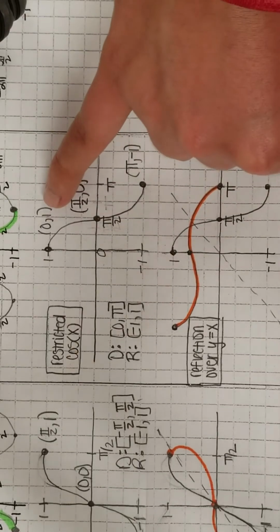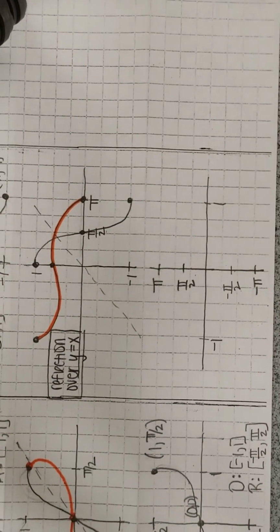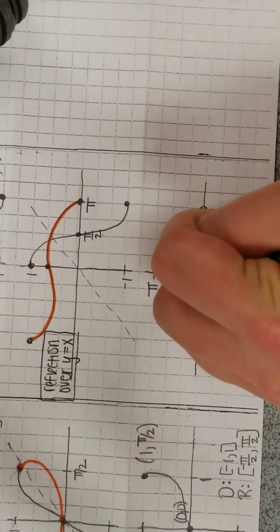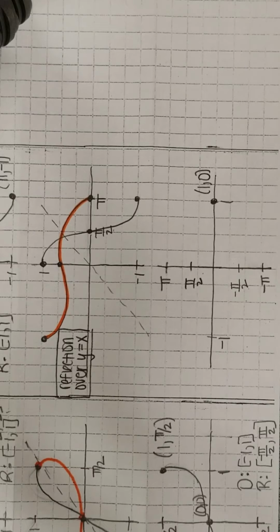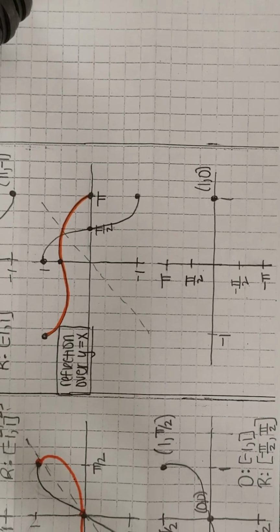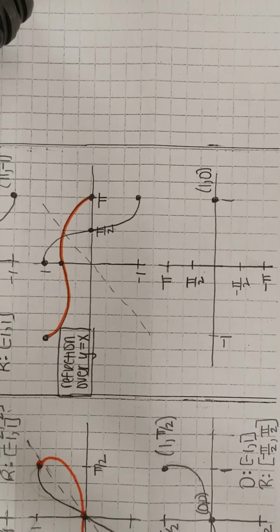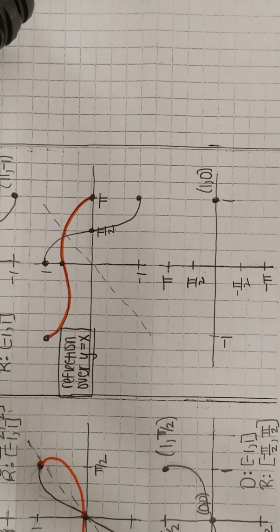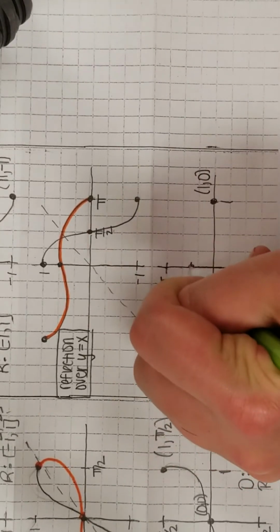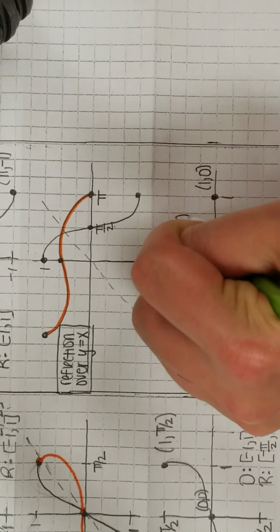So for example, 0, 1 is now going to become 1, 0. So on your own, see if you can take those 3 key points and plot them, and we'll see if we match. So pi over 2, 0 is now going to become 0, pi over 2.